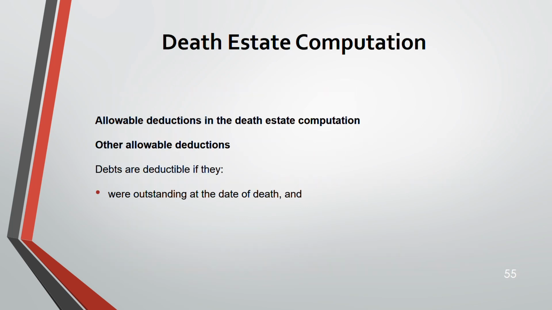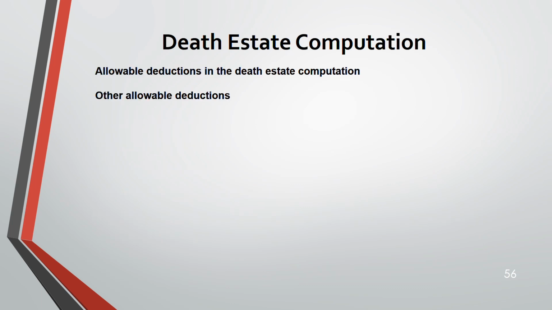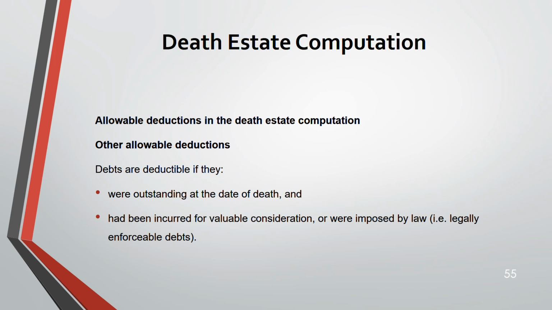Next, other allowable deductions. Debt. If you have any outstanding debt at the date of death, you can deduct, if it has been incurred for a valuable consideration or imposed by law. That means the law says you have to pay it and it's of a valuable amount. Then let's say you have promised to pay someone else, and that promise was verbal.